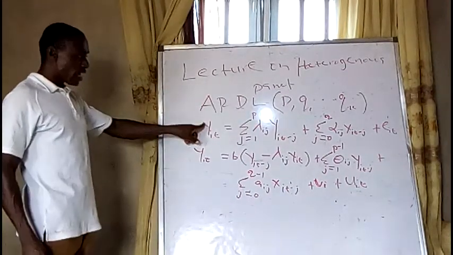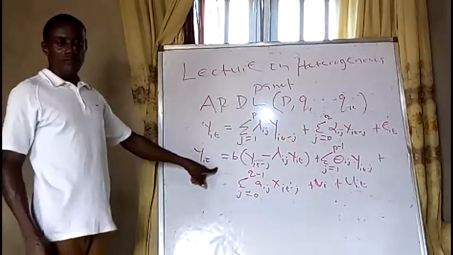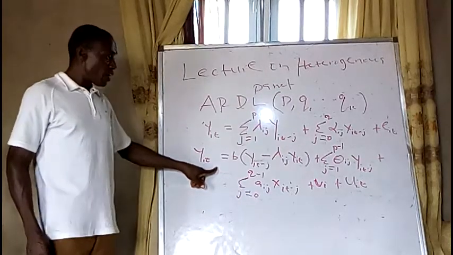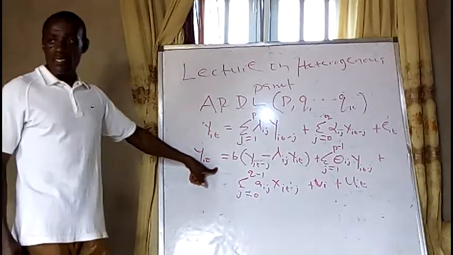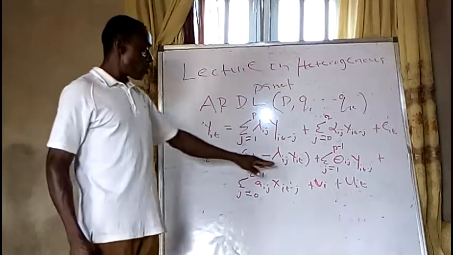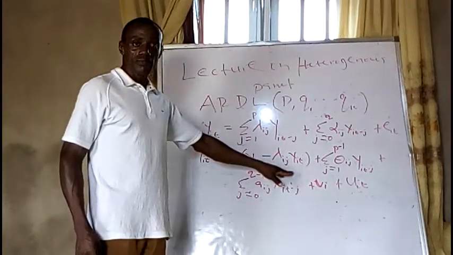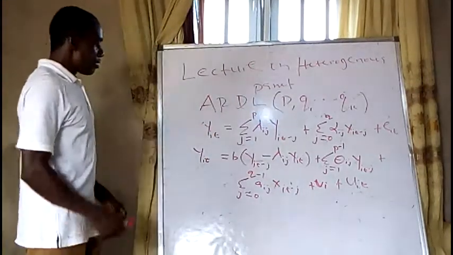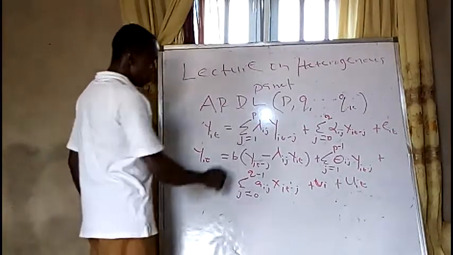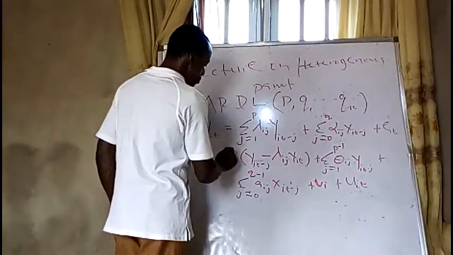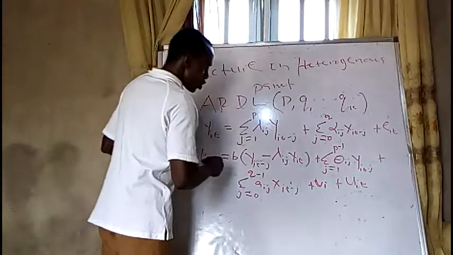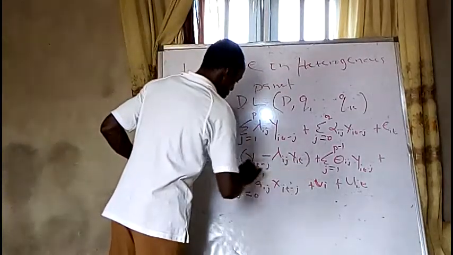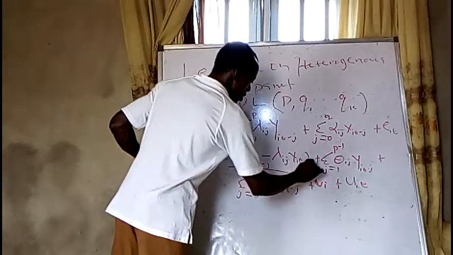And here we can now have our short run component and the long run components. The first term here with this parameter is the long run, from here to here.